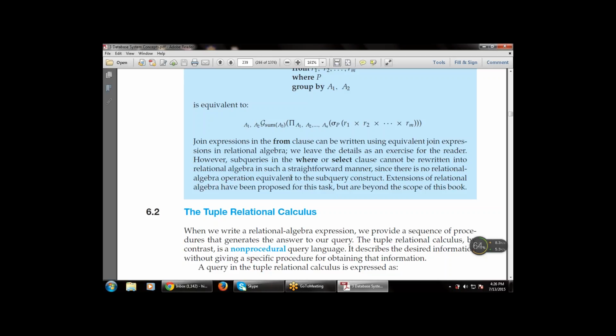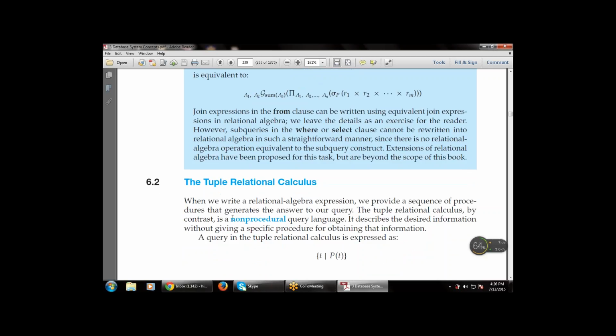The tuple relational calculus, by contrast, is a non-procedural query language. It is not a procedural query language. The relational algebra that we have discussed, which operates on the relation, is a procedural query language, but this is a non-procedural query language.